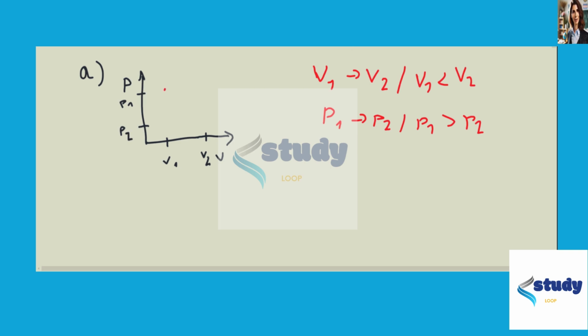So this is point 1, this is point 2, and it goes from point 1 to point 2 in this direction. And this is the PV diagram for this process. So the pressure decreases, the volume increases. That is the way this process will go.